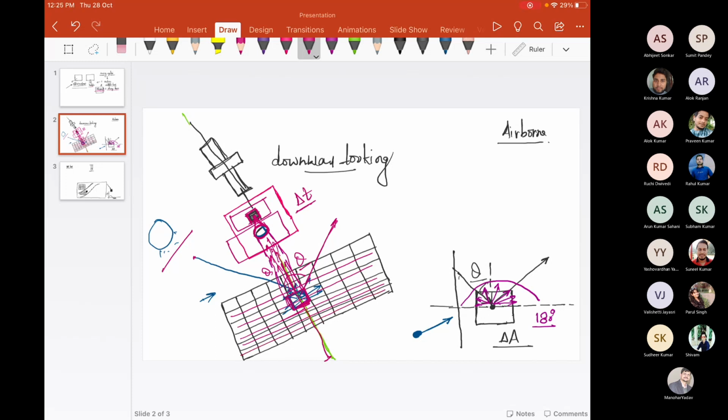If the optical components are not rotating, if they are fixed, then only the GRCs along this trajectory are sensed. But our aim is to cover the entire strip across the trajectory.